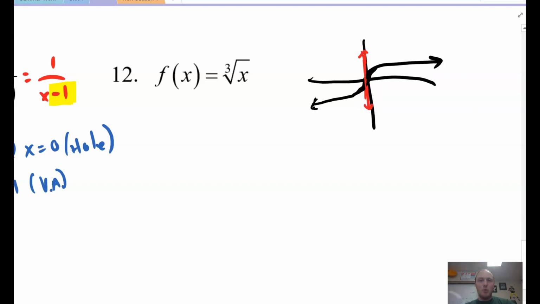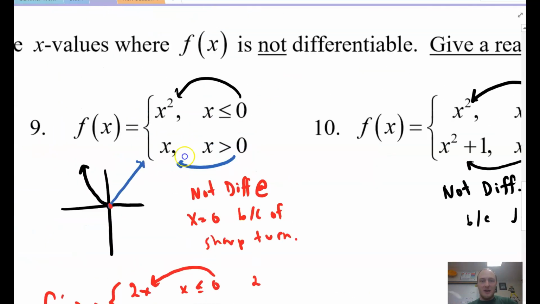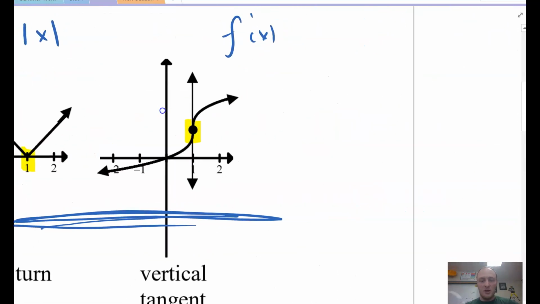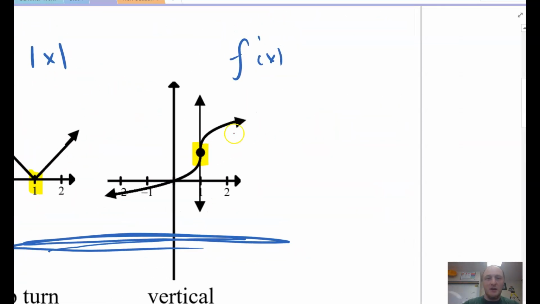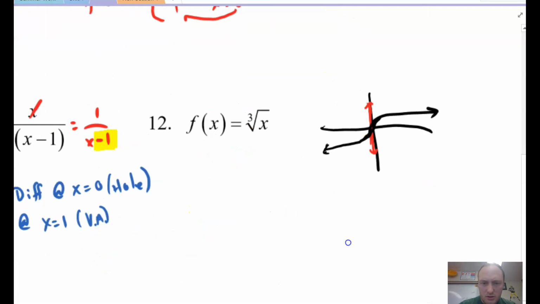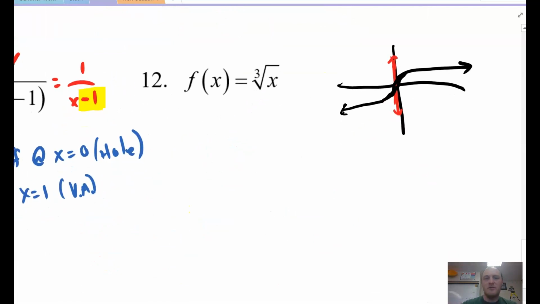So what I'm going to tell you to do here, if you suspect it, and I'll go back up to here, here's a better drawing of it right here. If you suspect it, again, take the derivative of that function. So f of x is equal to x to the power of 1/3.